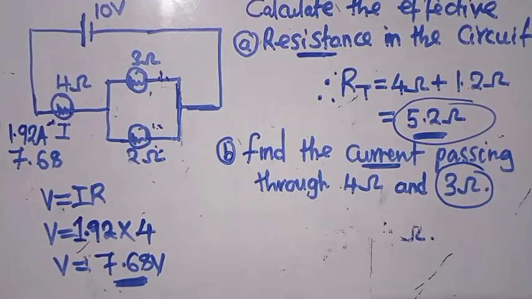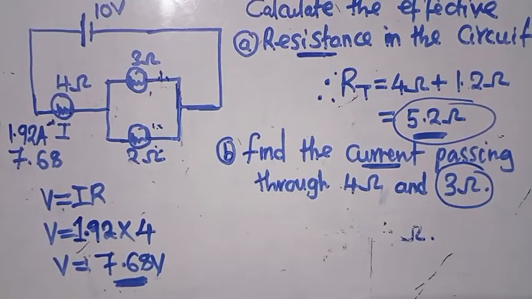I'm not able to see the answers, and I don't have a calculator right now, so I'm depending on you. I don't know if this number is rounded off. Okay, the majority are commenting 7.68. I believe the answer is already rounded off.